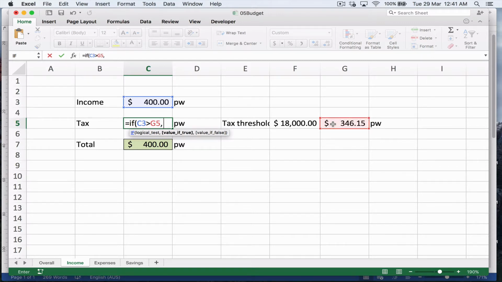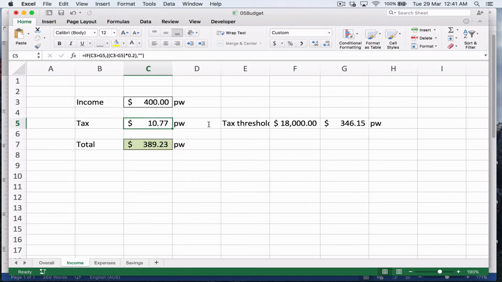If it is greater, then we have to do bracket this, take away this, whatever that is, times by 0.20, which is 20 cents on the dollar. Let's just put that into brackets again. If it's not, then we put nothing.